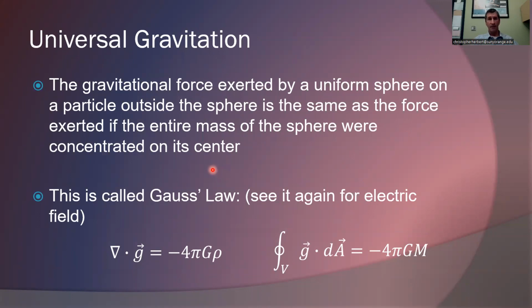Typically with a Physics 1 course, you haven't taken Calculus 3, but you will come across this idea of divergence and Gauss's law that basically when we look at the acceleration of gravity, it can be calculated by enclosing some mass in a symmetrical surface area, usually a sphere, and calculating the acceleration of gravity, where the gravity times the area of our surface is going to be equal to 4 pi times G times M. But again, this is something that you should keep in the back of your head for the future, because we really do cover that in much more detail when we get to electricity and magnetism, specifically with electric force.